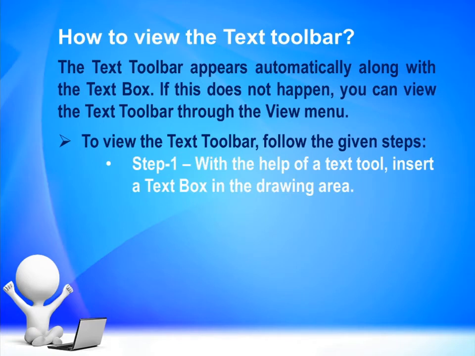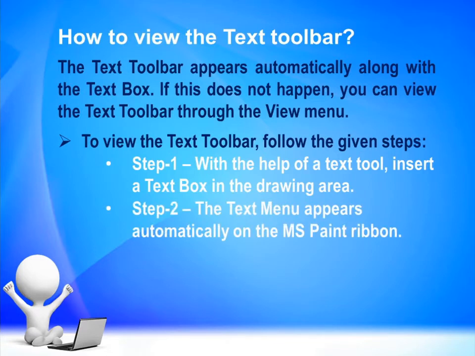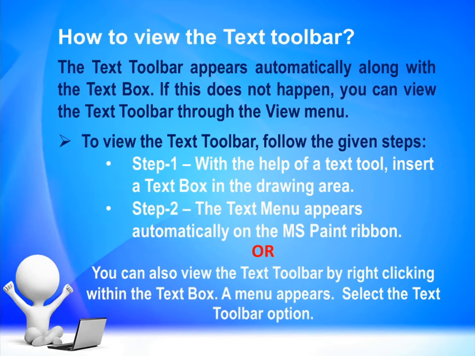With the help of a text tool, insert a text box in the drawing area. Step 2. The text menu appears automatically on the MS Paint ribbon. Or you can also view the text toolbar by right-clicking within the text box. A menu will appear. Select the text toolbar option.